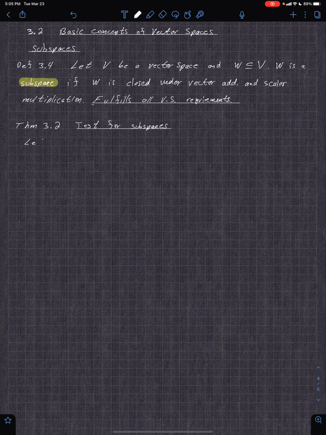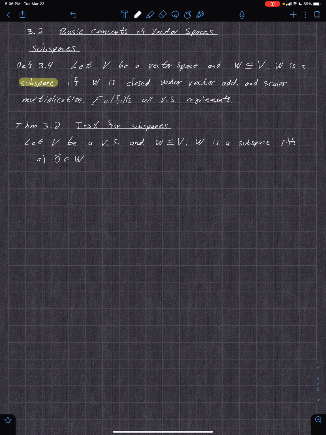Let V be a vector space and W a subset of V. W is a subspace if and only if A, 0 is in W. They don't say that in theirs, but basically that's something you can test.